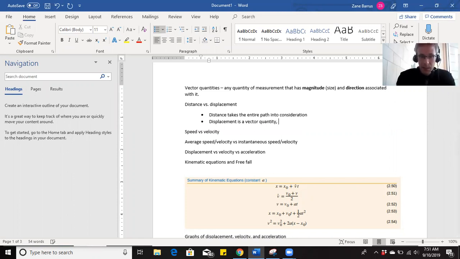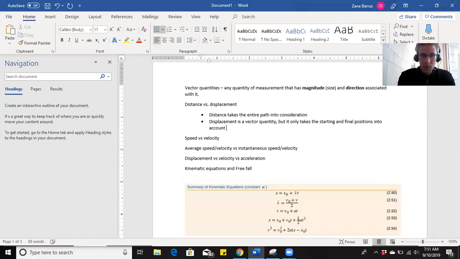But displacement only takes the starting and final positions into account. So, as the crow flies, as they would say.